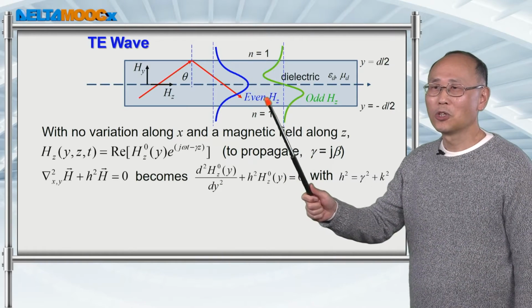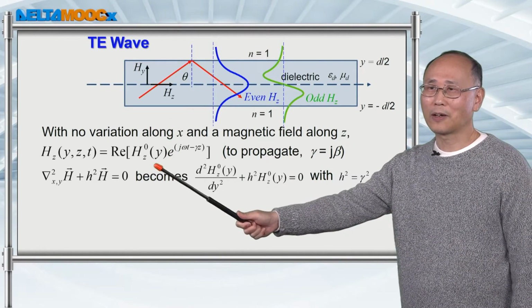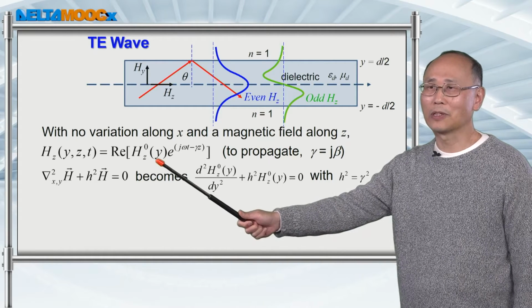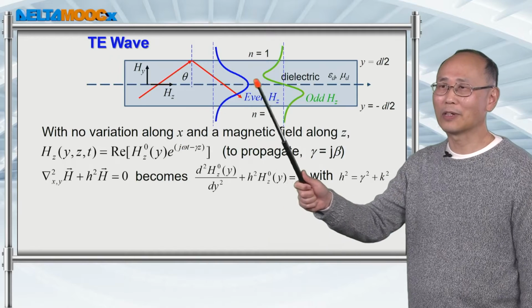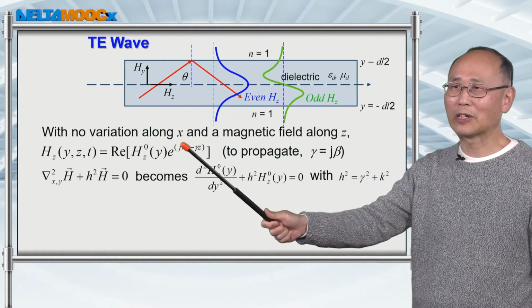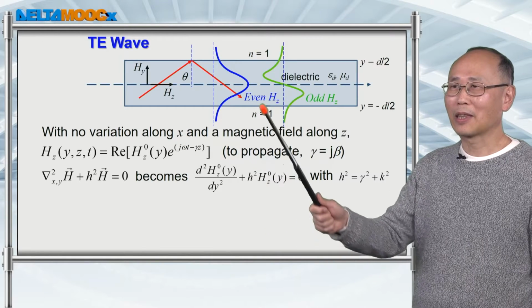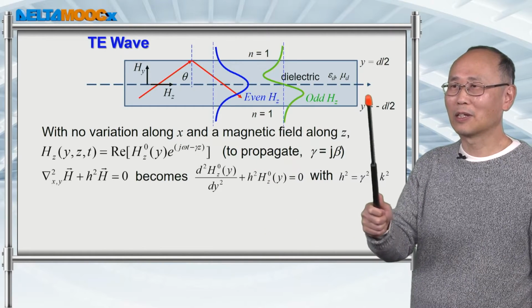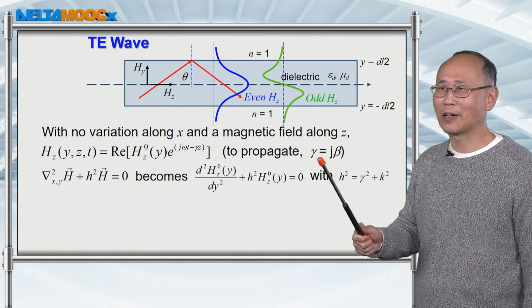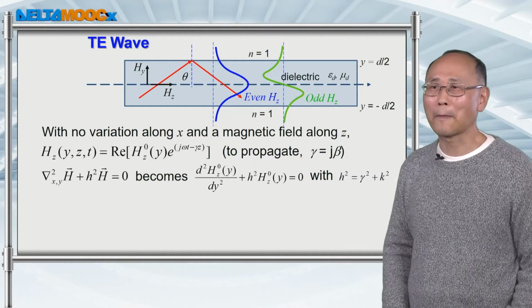So we write down the field expression for the T wave, where you have the Z component of the magnetic field inside this waveguide, but we don't have any variation along X direction. And this wave propagates along the Z direction. Therefore, you have a propagation constant gamma equal to j beta.